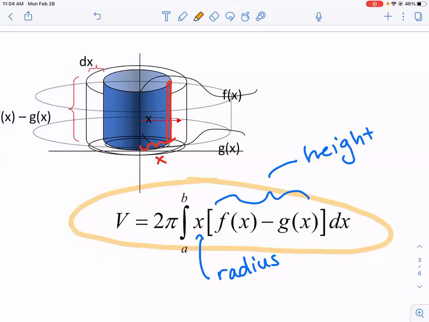Okay, so why am I teaching you another method? Sometimes it is not convenient to go in terms of x versus y, depending on the problem. I picked out some pretty nice problems for your quiz, knowing that the disc and washer method would be awesome.